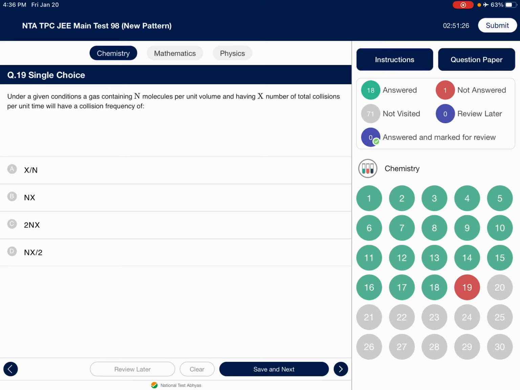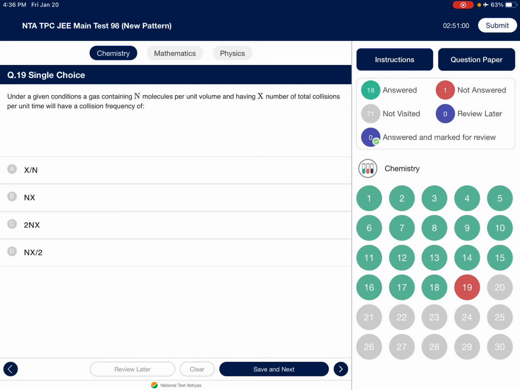Okay, give me one second. Unit volume and having x number of collisions. N by V, but volume is not mentioned here, so unit volume, that is okay. Nx, 2nx, nx by 2.